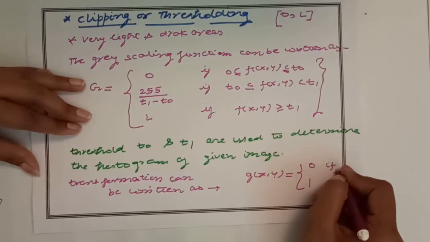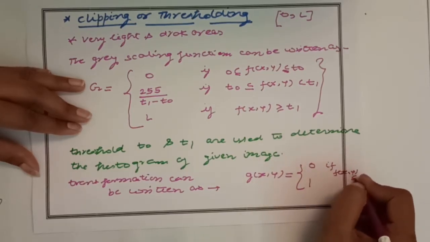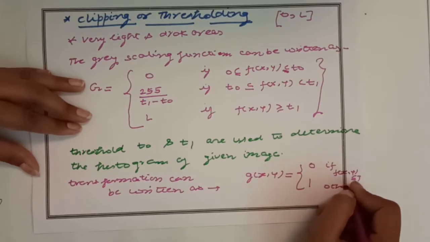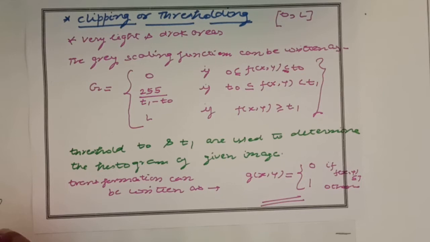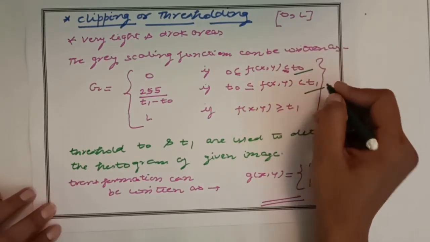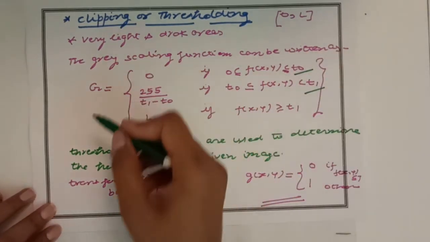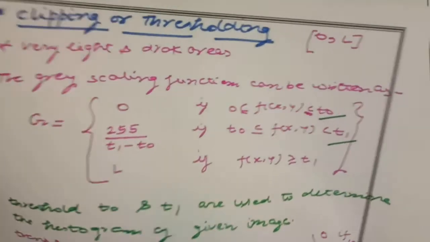It is 0 if f of x y is less than or equal to T, otherwise it would be 1. So this is how the clipping function or thresholding function can be applied. Here we have taken only two thresholds, T0 and T1, and accordingly the gray scaling function we can determine.